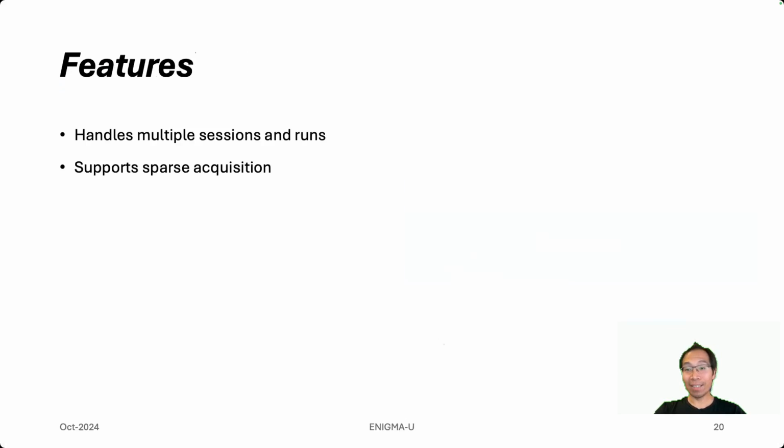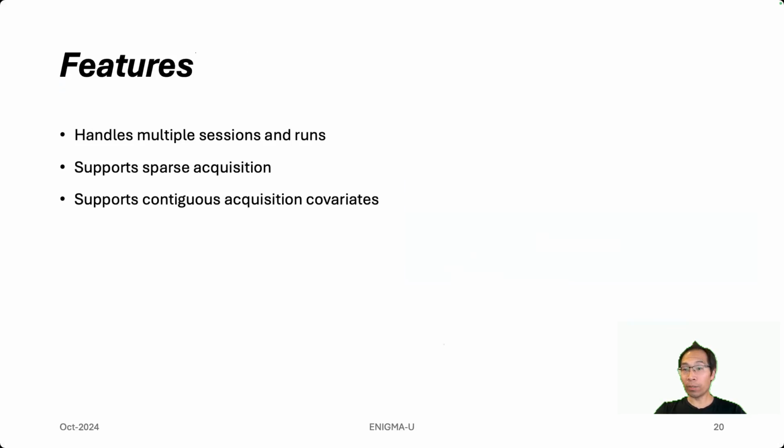Several features of BIDS are listed on the screen. First, BIDS can handle multiple sessions and runs, which is always the case for neuroimaging studies these days. Second, it supports separate acquisition and sparse acquisition, which are common techniques used in auditory research to avoid influence from scanner noise.